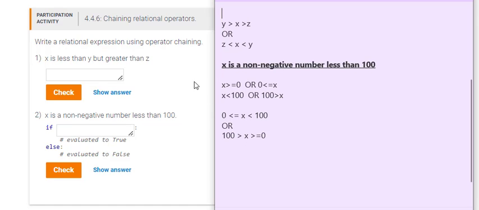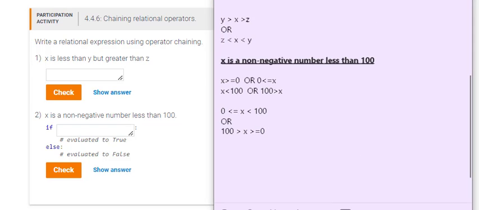And even though it's worded here and it's saying x is non-negative and x is less than 100, Python will read it from left to right to say, is 0 less than or equal to x? And if that's true, then it will go ahead and compare x and see if it's less than 100.